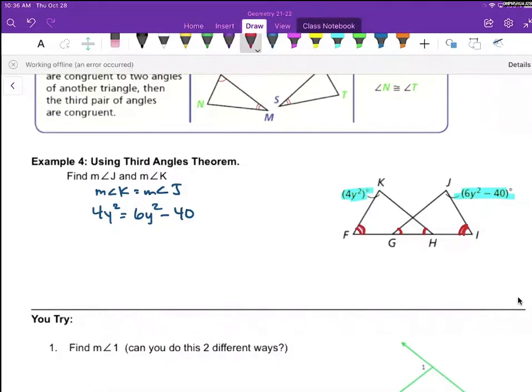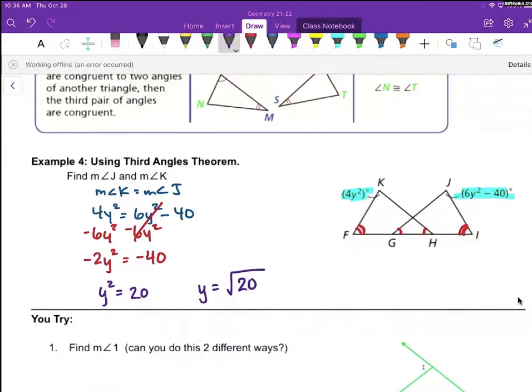If I solve this to get all the y's to one side, you'll notice I get negative 2y squared equals negative 40. Divide by negative 2, so that would give me positive 20. And then y would have to equal the square root of 20. We're square rooting both sides, which we all know could be positive or negative, because when we take the square root of both sides, we could have both positive or negative options.